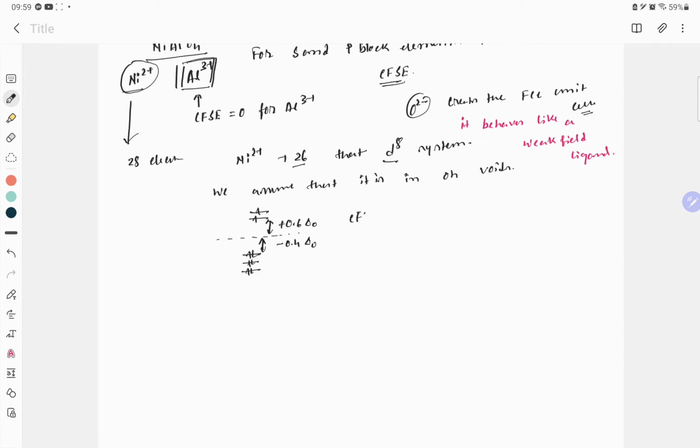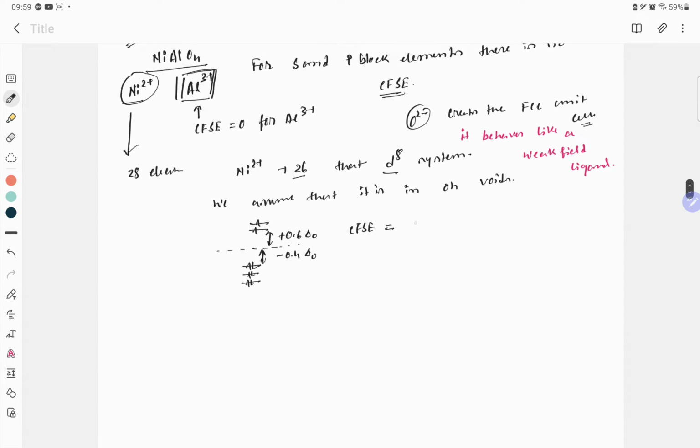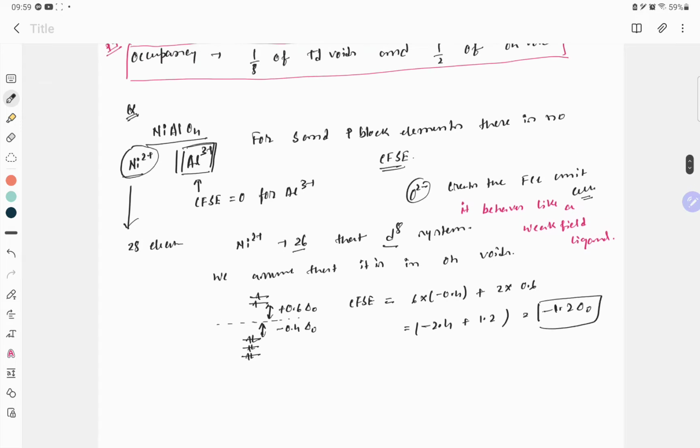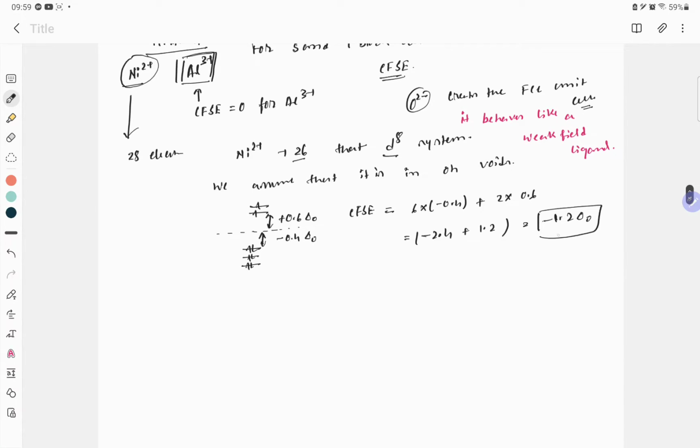The CFSE is equal to 6 into minus 0.4 plus 2 into 0.6, that is minus 2.4 plus 1.2, which is minus 1.2 delta 0. So this is a negative value, so this is stable.